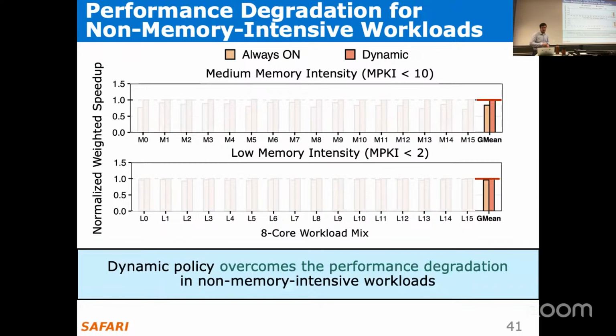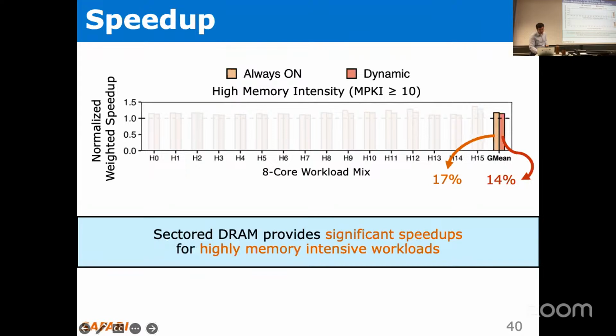So basically, you overcome the performance degradation in non-memory intensive workloads with a dynamic policy. You're as fast as the baseline. If you remember from the previous slide, it also reduces your benefits a little. 17% becomes 14%. But there could be a better way to transition between always on and dynamic states.